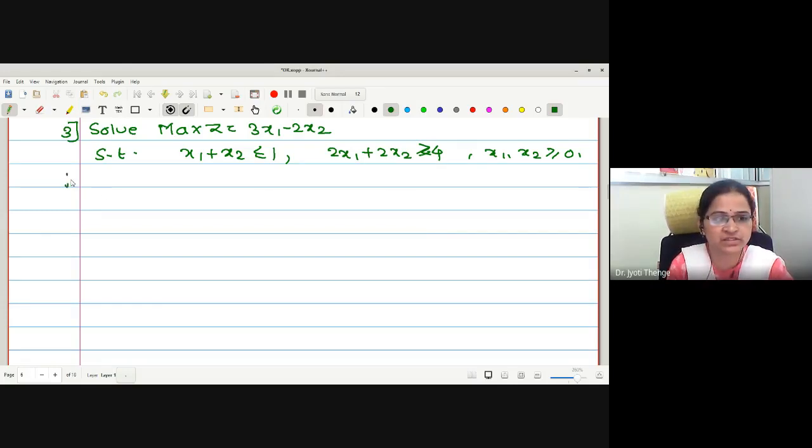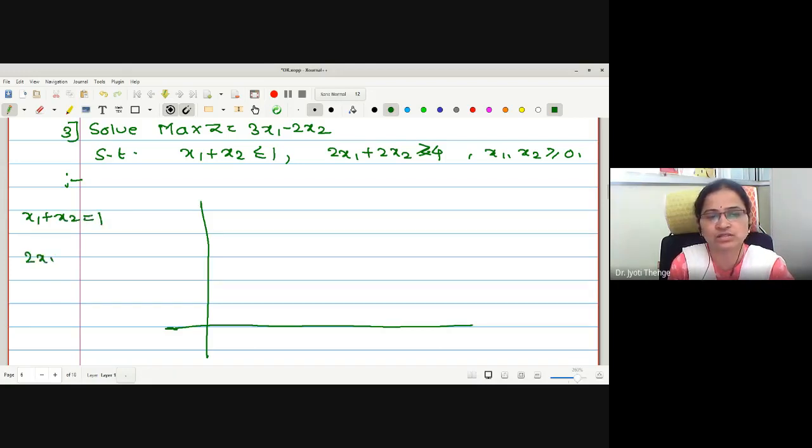So let me draw this region. You may write initially, considering this inequality as an equation, you can find out the coordinates. I'm showing you directly the graph. The equation for the first inequality will be x1 plus x2 equal to 1, and this is 2x1 plus 2x2 equal to 4. Y-axis, x-axis, origin. x1 plus x2 equal to 1 is giving me the 2 points 0, 1 and 1, 0.